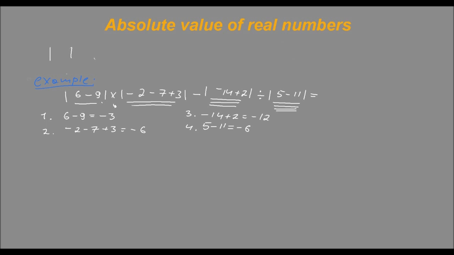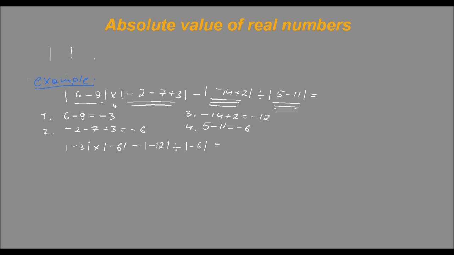Okay, so now we can replace those expressions with the values that we calculated. So it's negative 3 times negative 6, minus the absolute value of 12, divided by the absolute value of negative 6. Now we apply the rules of absolute values.